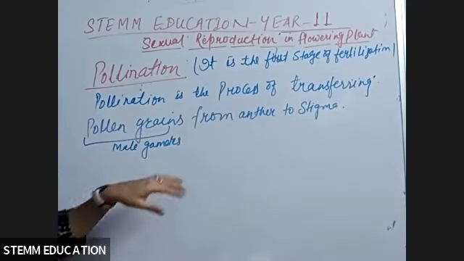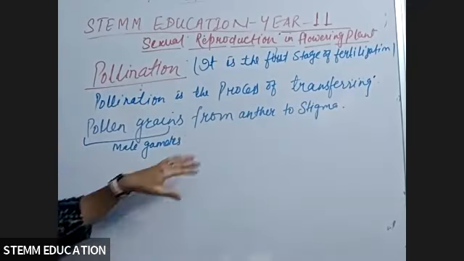Okay, so why does it happen? That's why flowers have colorful petals and nectar, so that they can attract the insects. Colorful petals attract, and the smell of nectar attracts the insects. Honeybee, I have already told you the example.